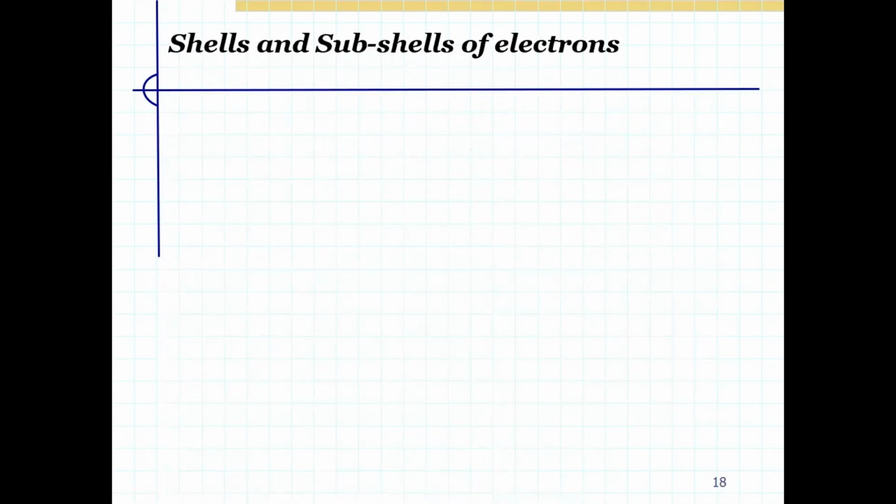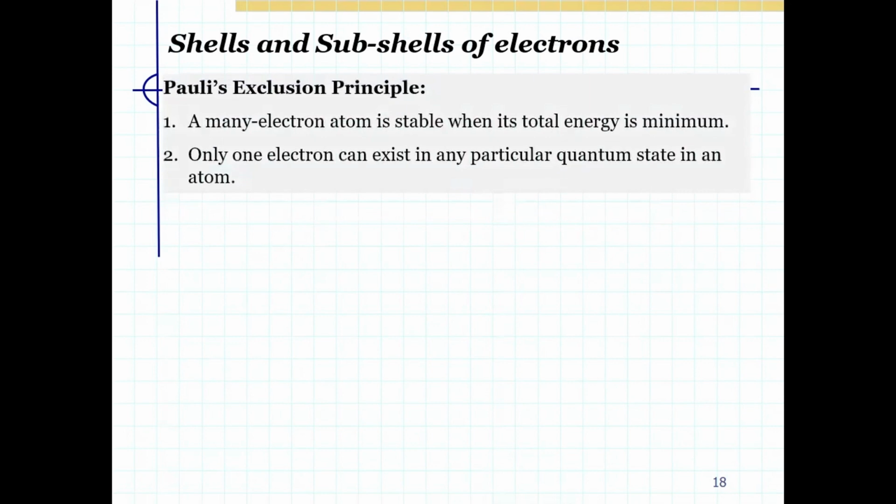So the idea of shells and sub-shells of electrons can be further discussed. When the spin was discovered, and people came to know about the electron spin, then Pauli wrote down the exclusion principle.